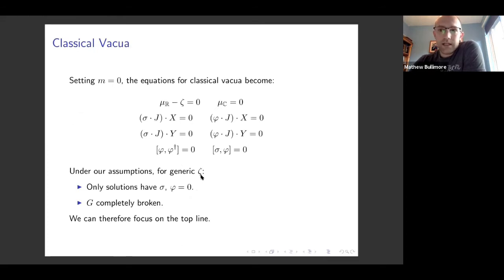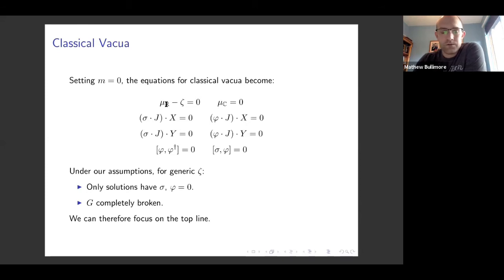So to see the Higgs branch, we can just, as we did last time, look at the classical equations for vacua that you get just by minimizing the classical action of the theory. And we can just set the mass to 0 in those. So again, they look something like this.